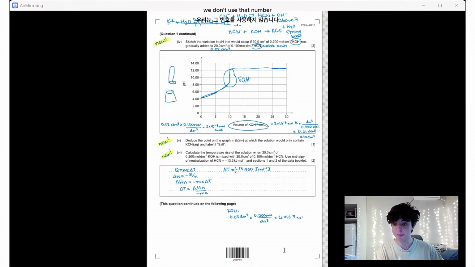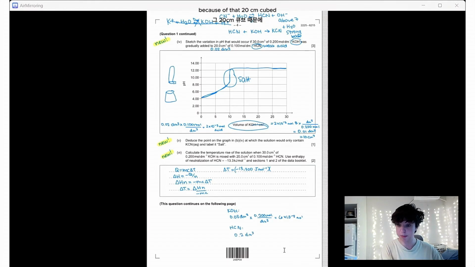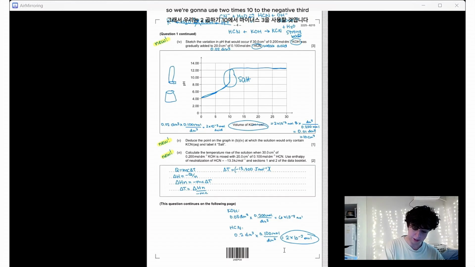We don't use that number yet. We calculate the other one first, and whichever is smaller is the one we use. For HCN, we have 0.02 decimeters cubed from 20 centimeters cubed, at a concentration of 0.1, which gives us 2 times 10 to the negative third mole of HCN. Since that one's smaller, we're going to use 2 times 10 to the negative third mole.